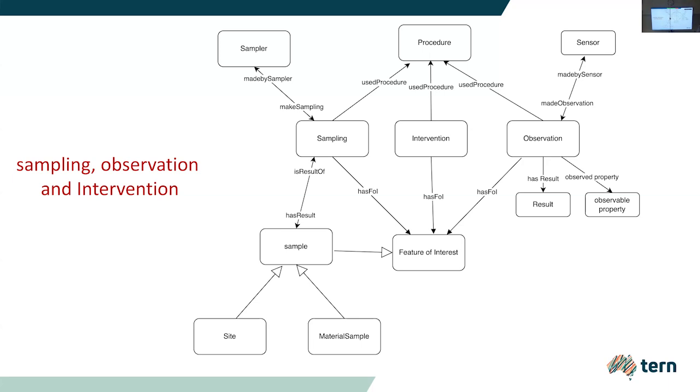And then for every observation, there is an observable property that is called a parameter, like vegetation height. And then there is a procedure for how that is measured. And then there is a result time when that was taken, and then the unit of measurement. So that is how it becomes integratable, partly because for every observation you made, you have a procedure for how that is measured.